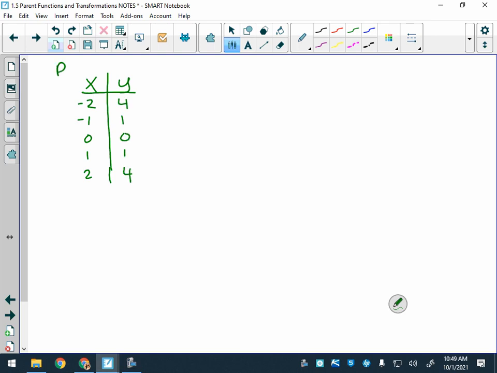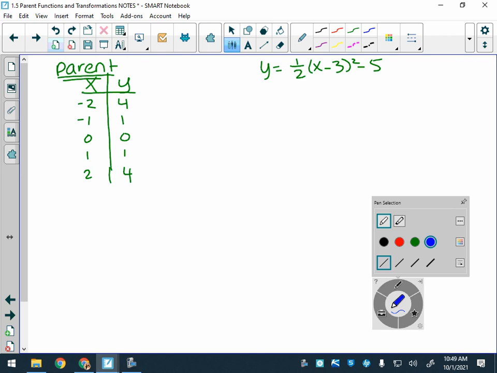So this is our parent function, okay, and our new one. Okay. So anytime you have an A value and a K value, which X or Y is it affecting? Which one?